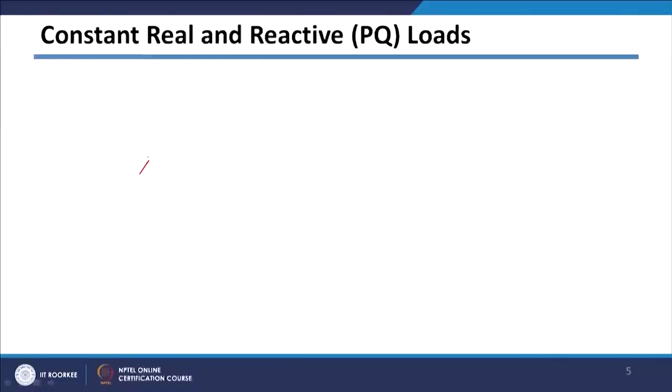Now, let us consider a delta connected load. In case of a delta connected load, it will be modeled like this. These are 3 delta connected loads.